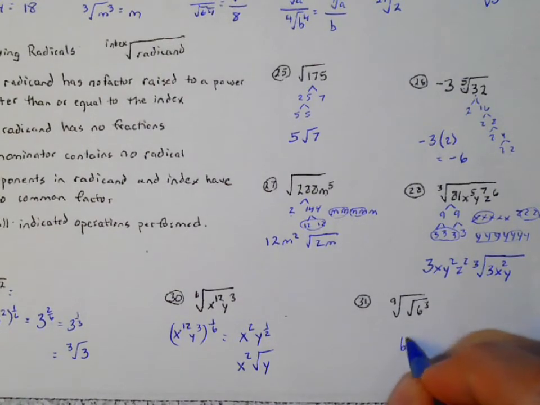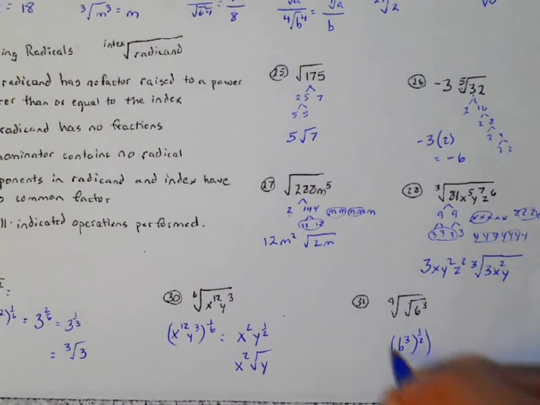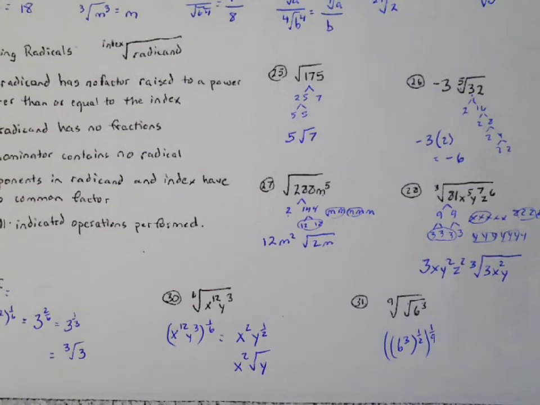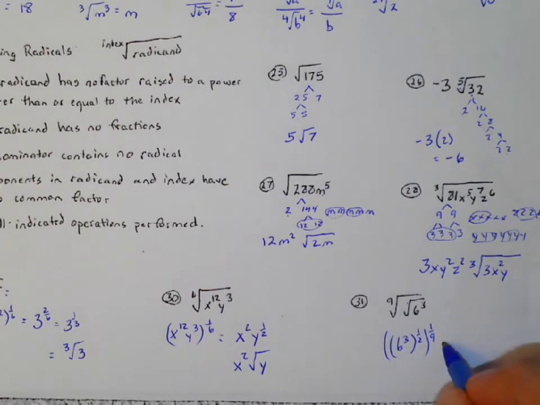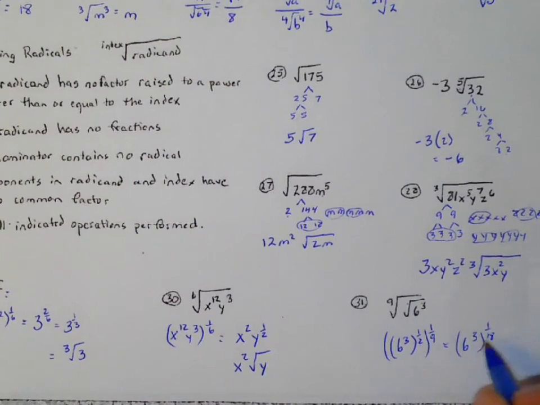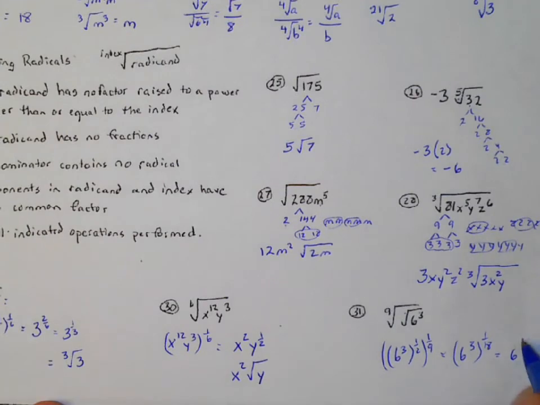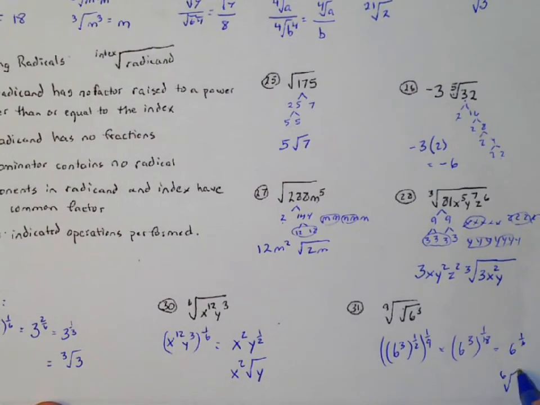Okay, this is 6 to the 3rd raised to the 1/2 raised to the 1/9. If I multiply exponents, it's the same thing as 6 to the 3rd to the 1/18th, and I can even multiply again, and that would be 6 to the 1/6, which gives me the sixth root of 6 as the answer.